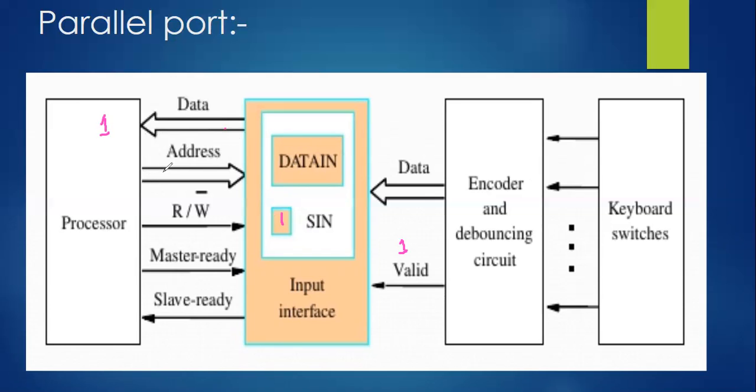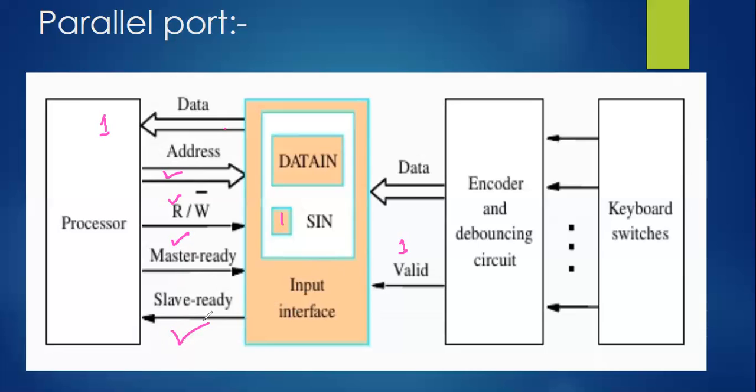Meanwhile, it will upload the address of this particular device along with the read signal. It needs to read the content, along with the master ready signal. Once all these three signals are received by the input interface, after consuming them, the input interface will raise a signal called slave ready.